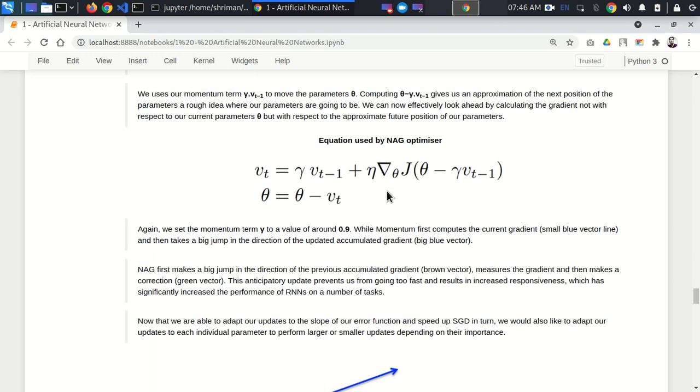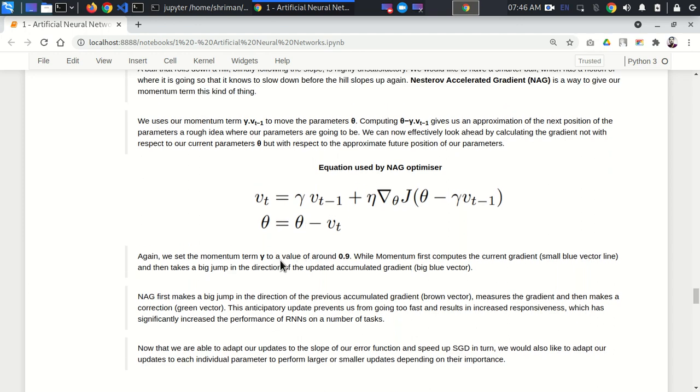So what people did, people used the same thing, gamma into Vt minus 1, that we have seen in terms of SGD, right? And this is also the same. So Vt will be gamma into Vt minus 1, with gamma again around 0.9, and eta. Now here, in terms of equations, they have changed.